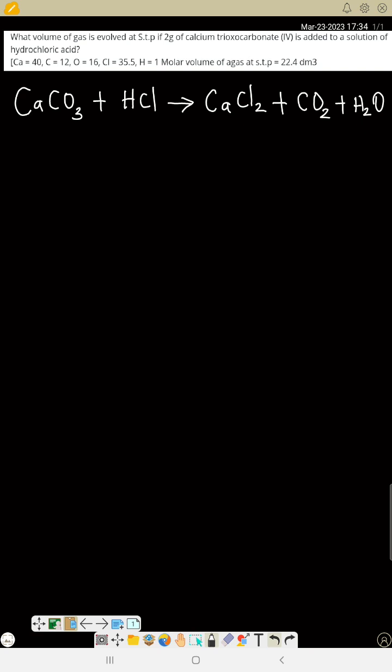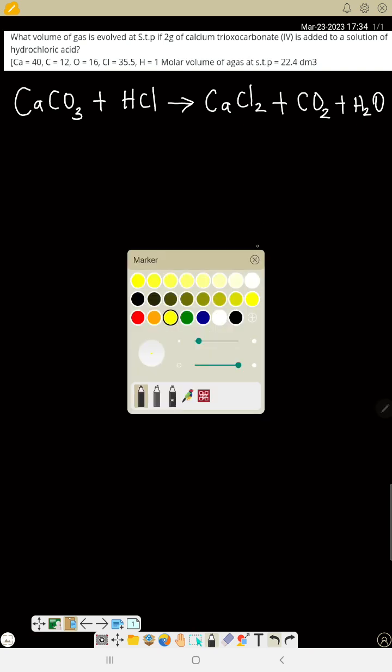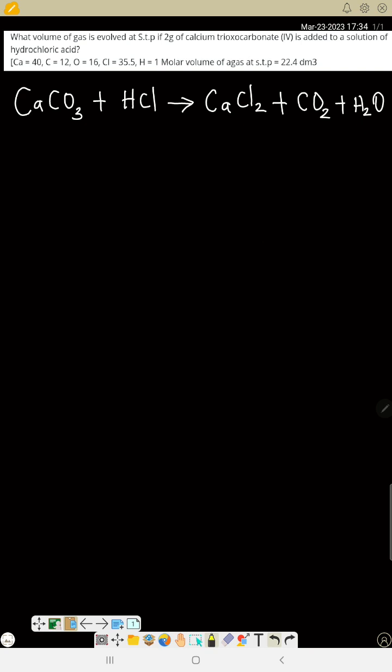To balance the equation, I told you to start with the highest atom. Which side has the highest atom? I have one calcium and two chlorine here, and I have oxygen here, so I start with the one without oxygen. How many calcium do you have here? One. How many here? One, balanced. How many chlorine do you have here? Two. How many here? One. So balance it by adding two.